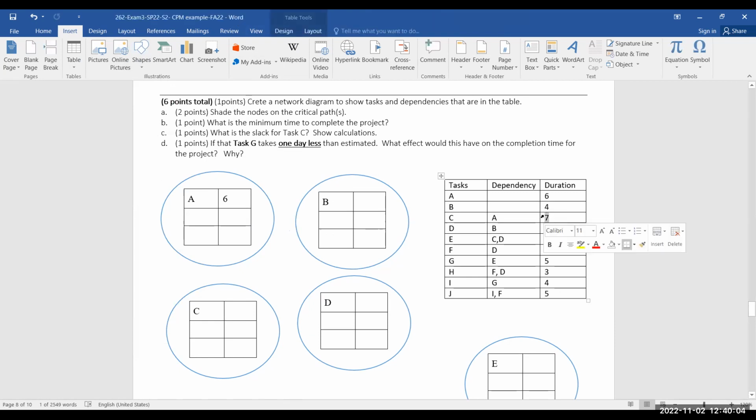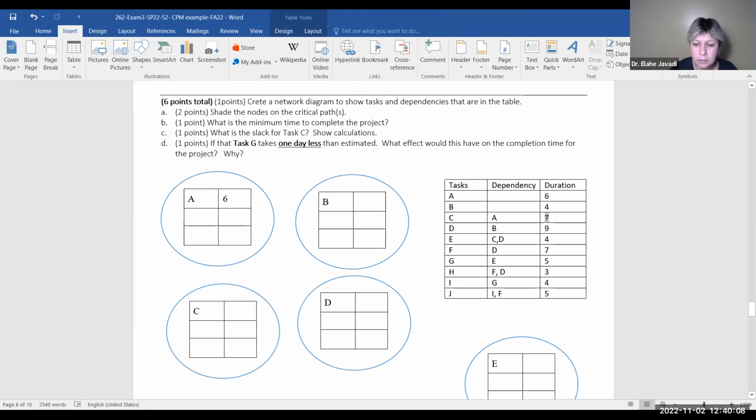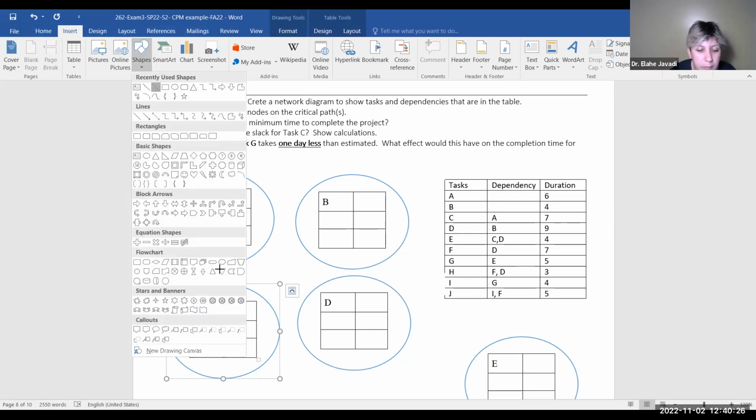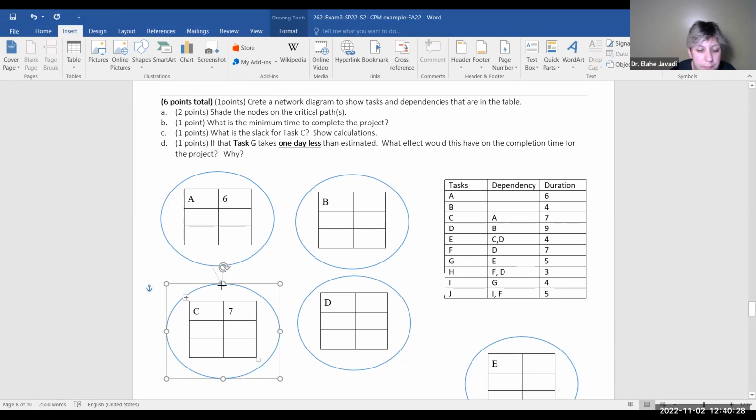No, it's just 7, the duration. I'm reading from the table. You're going to get a table like that on your exam. So 7, and C depends on what, Keegan? A. A, exactly. So I'm going to put that arrow here.